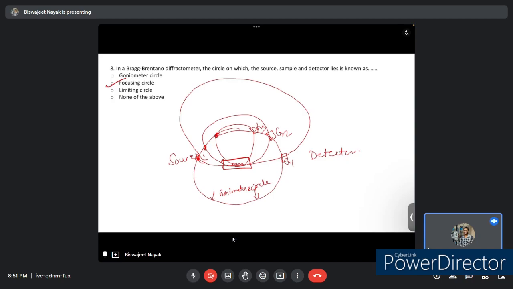So this Bragg-Brentano geometry allows for a constant distance between the sample and the detector. It essentially requires that the distance from the source to the sample and the sample to the detector are equal, and that the sample is kept on the tangent of the focusing circle. In order to keep the detector distance constant, the sample must rotate at half the angular velocity of the detector. As the angle of incidence changes, the detector must move 2 theta, that is a 2:1 ratio.